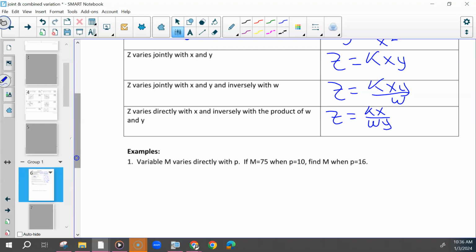So directly with, you're multiplying the k and the x, and inversely with, everything else is being divided. The product of w and y are being multiplied together, but divided to everything. So being able to write the equation is going to help us set up the equation and then solve. Questions on those so far?